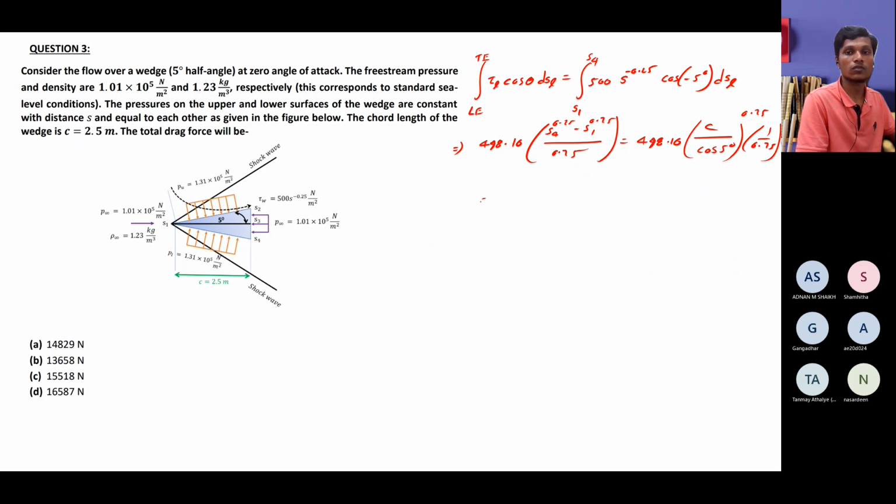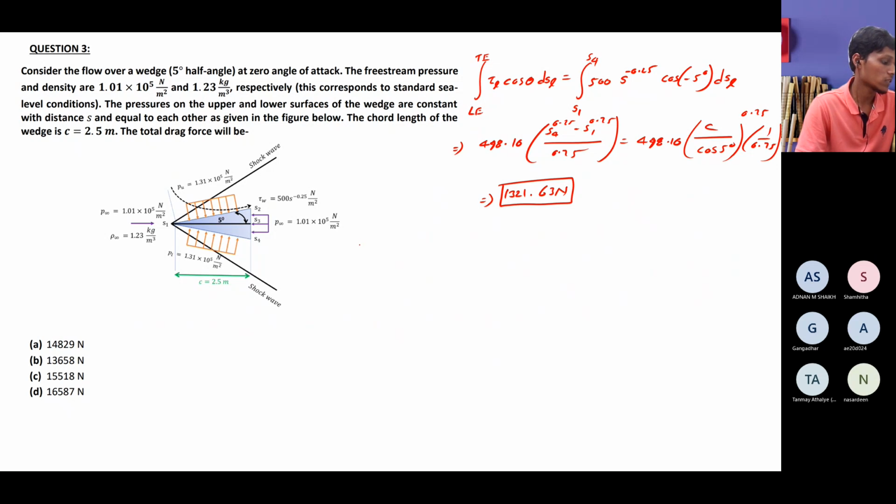On simplifying further, you will get the same as on the upper surface, that is 1321.63 newtons. So now we have solved for all the axial forces because of pressure and shear distribution on the entire surface.